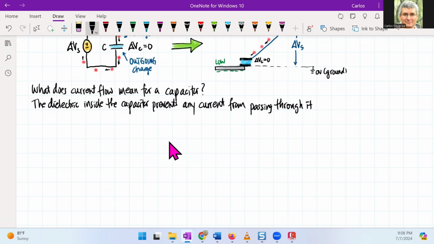The reason is that it acts like a hole in the circuit.